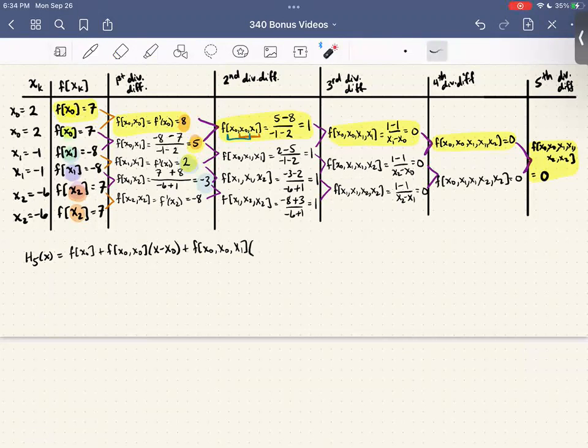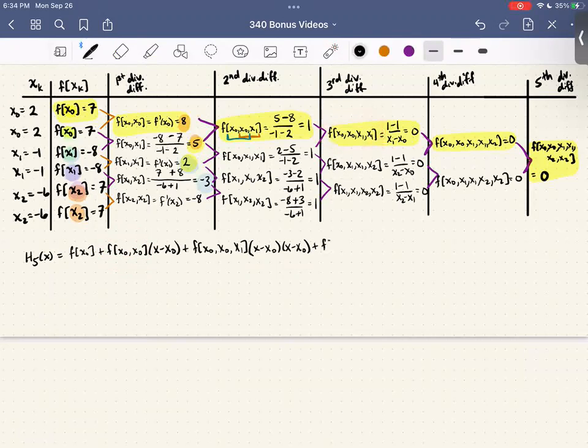I mentioned this in class, but I'll say it here: the linear factors that you list contain the nodes in the previous divided difference. So in the previous term I had x0, x0, so I will have (x minus x0) times (x minus x0), plus my next coefficient here is this one.